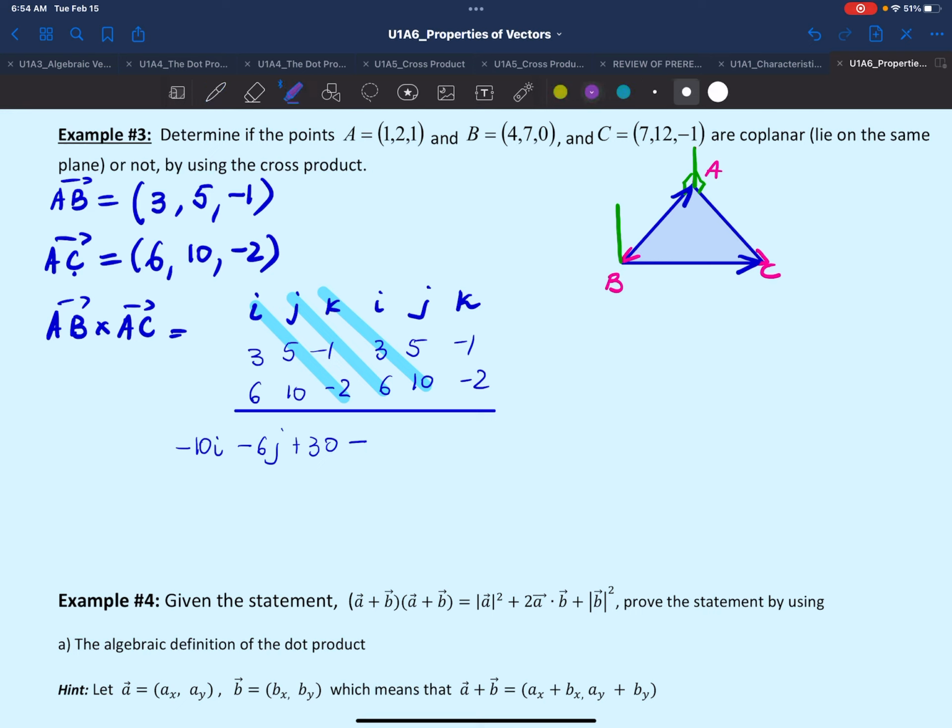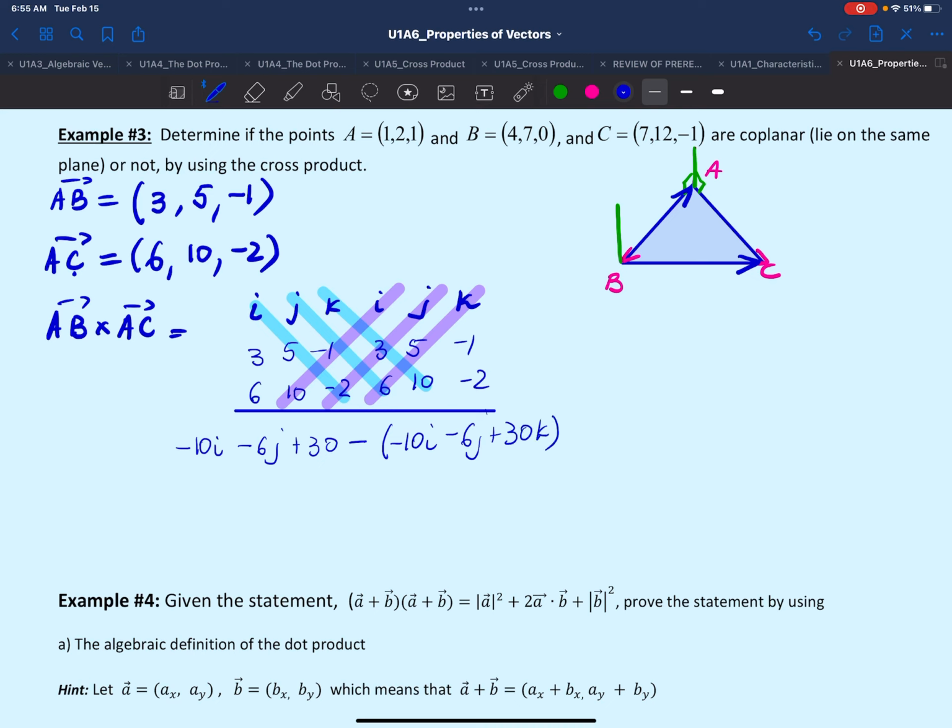Now we'll do the up product. So here we go. So up products go 10 times negative 1, negative 10i. Next we have negative 2 times 3, negative 6j. 6 times 5, 30k.